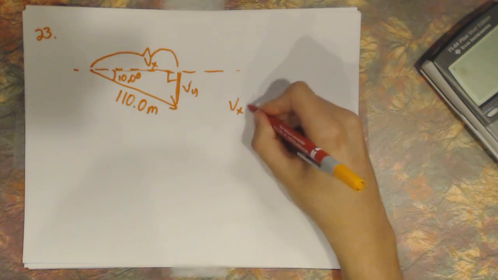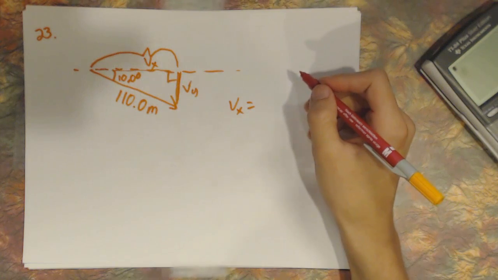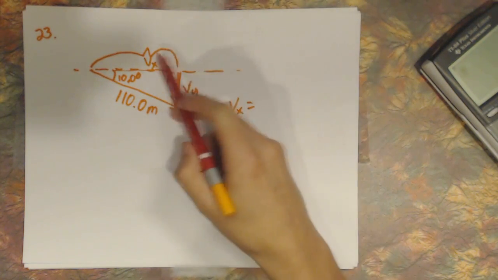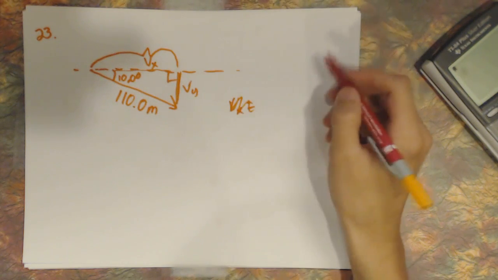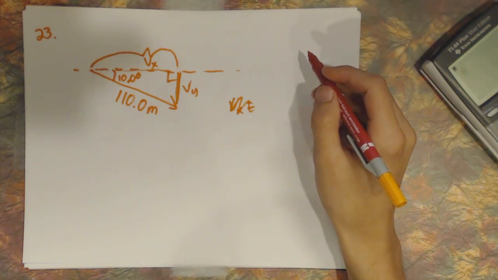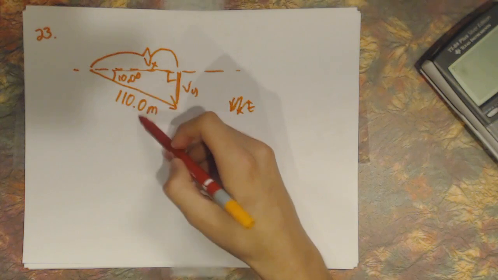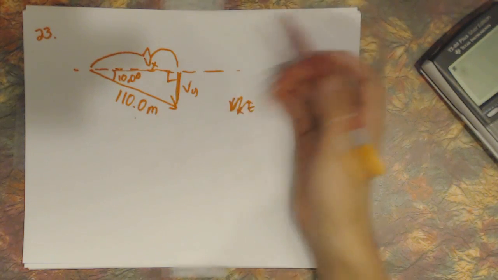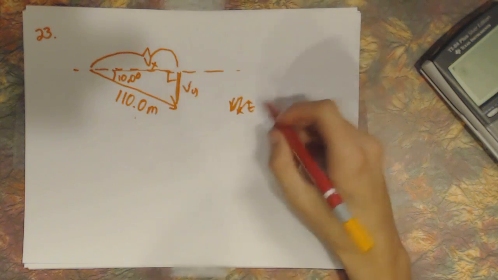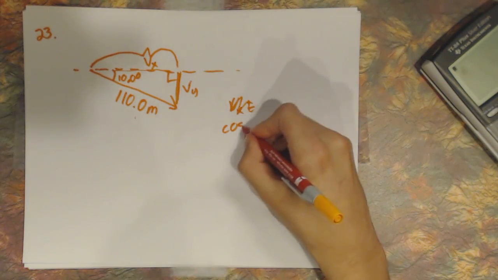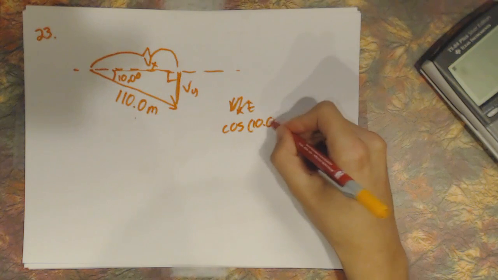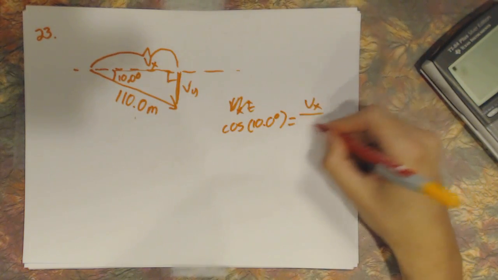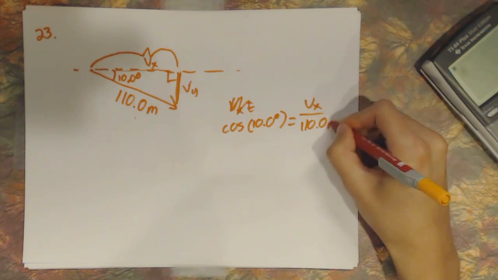To figure these out, we're going to be using trigonometric identities. We want an identity that has 2 of our knowns and 1 of our unknowns in it. So let's start out with cosine, which is adjacent over hypotenuse. So the cosine of our angle is equal to our adjacent, which is v of x, over our hypotenuse, which is 110.0 meters.